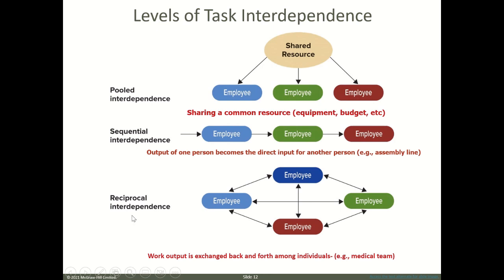Reciprocal interdependence means the work output is exchanged back and forth among individuals. Take an example of surgery in a medical team. The patient needs surgery for some specific reason, and there is a team of doctors. Anesthesia is done by one doctor before the surgery.